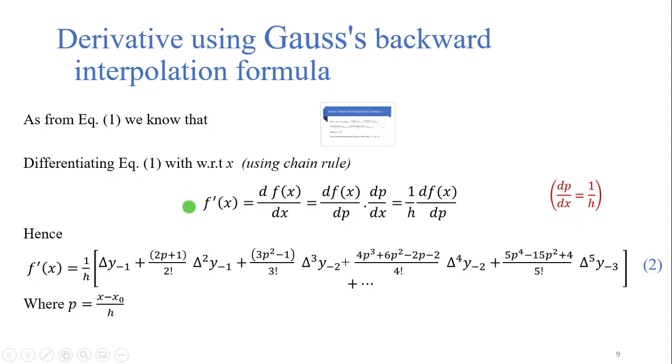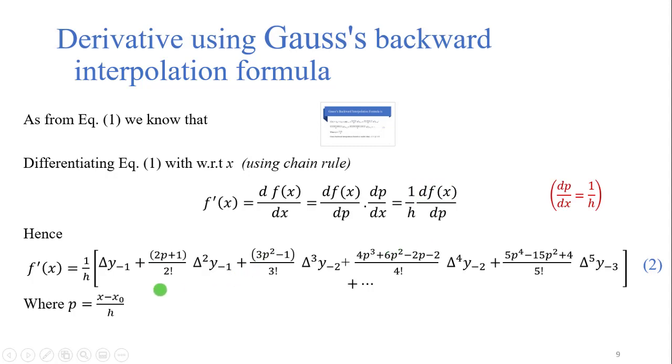As we know, p is equal to x minus x naught divided by h, so once we differentiate p with respect to x, we will get 1 by h. So by using the value of dp by dx, that is 1 by h, we get the expression 1 by h df by dp. Finally we will find the derivative of the function given in equation 1 with respect to p.